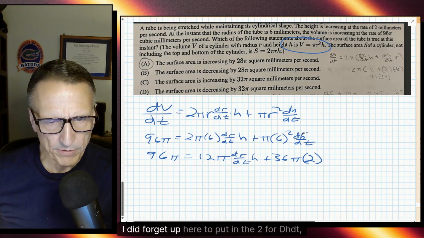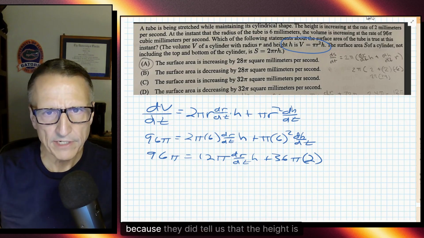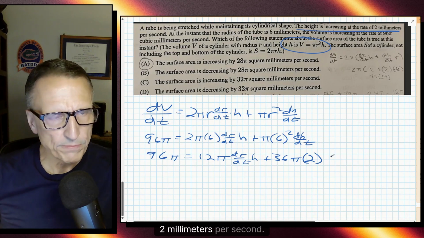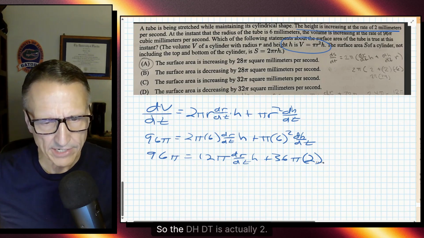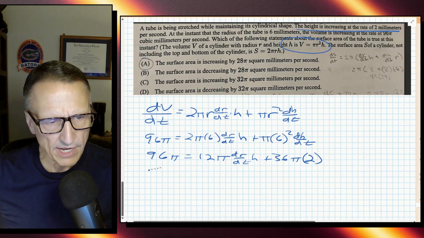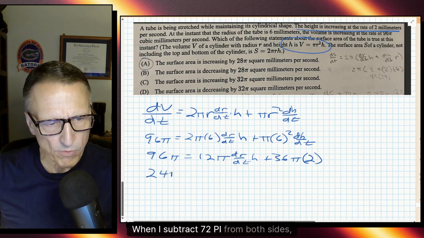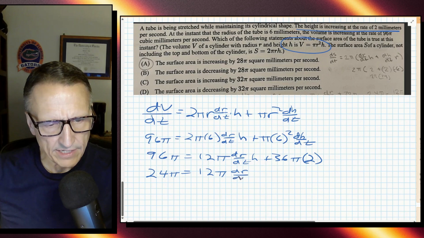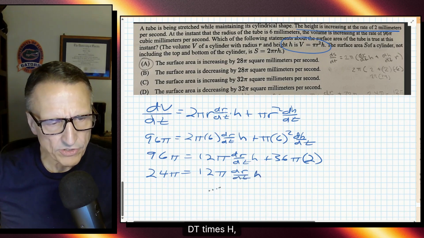Now, I did forget up here to put in the 2 for dh/dt, because they did tell us that the height is increasing at 2 millimeters per second. So dh/dt is actually 2. So this ends up being 72 pi. When I subtract 72 pi from both sides, that makes this 24 pi equals 12 pi dr/dt times h.